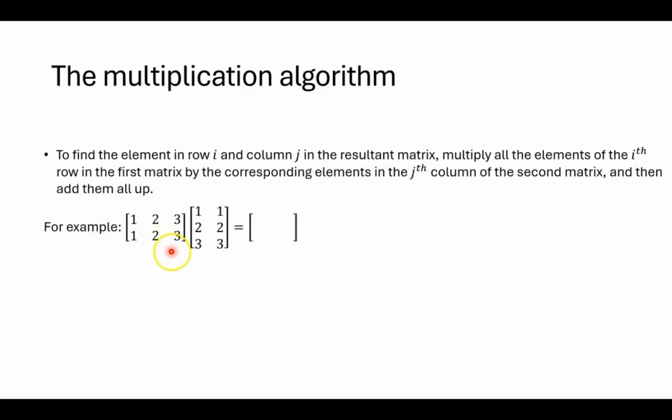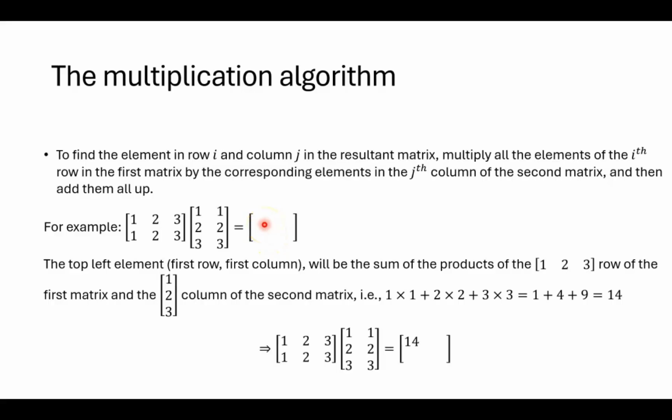The example I want to give you is just from our last slide, where you multiply this 2 times 3 matrix by this 3 times 2 matrix. And you know the result will come out to be a 2 times 2 matrix. It's a good habit to write the matrix and its dimension out first before you work out the numbers. Now let's focus on the numbers.